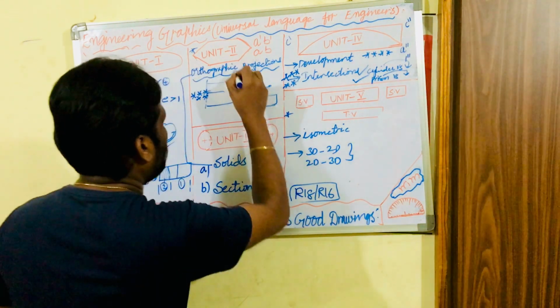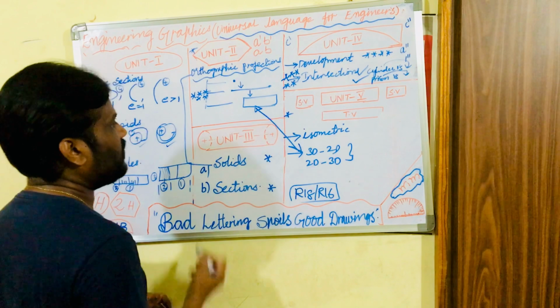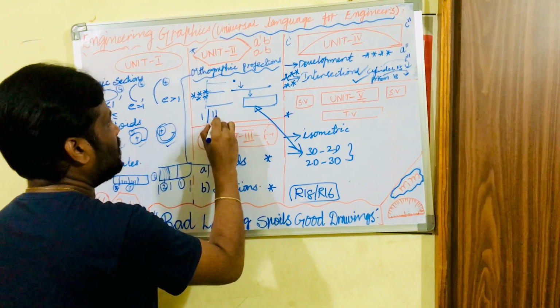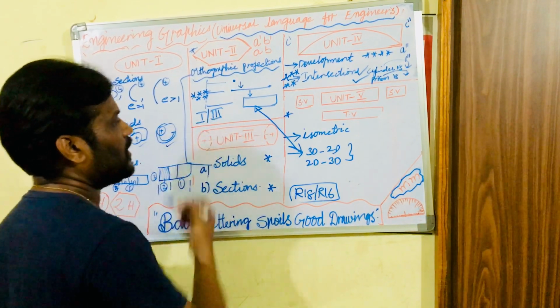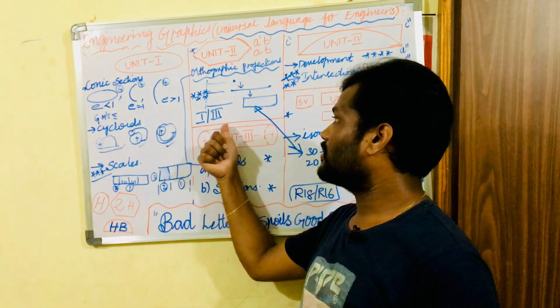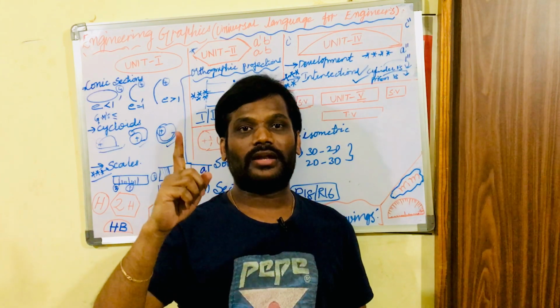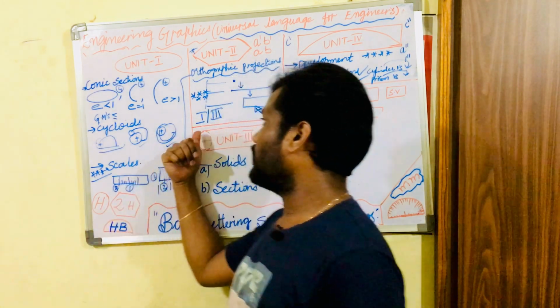When you are perfect with this, then only you can work out these, students. If you are not perfect with first as well as third angle projection methods, you cannot work out. As I told, first and third angle projection videos are also there. Scroll the channel down and you can work out these two.